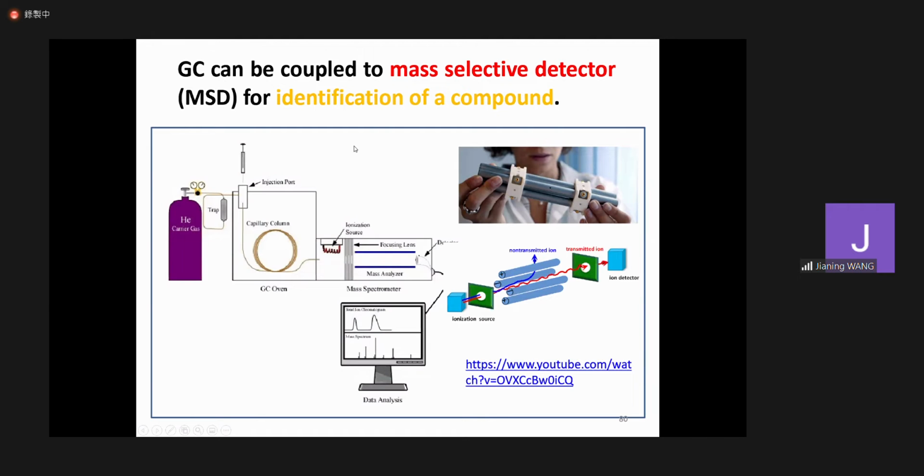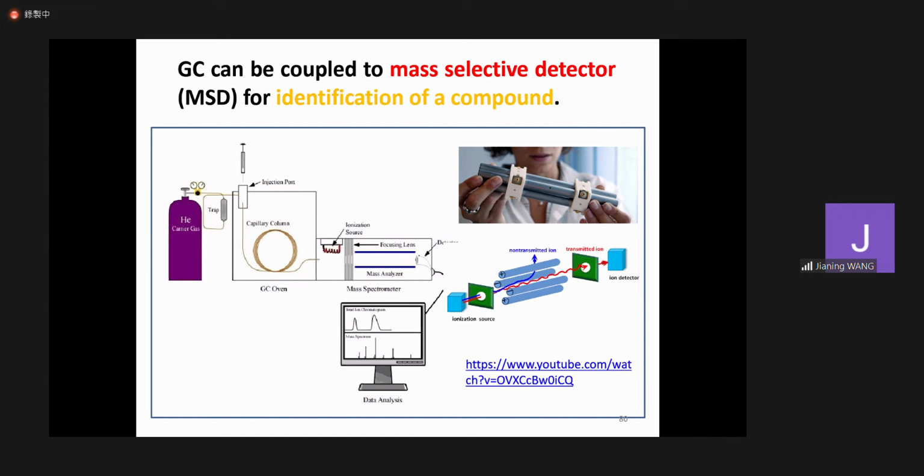So here, from the left side, we already showed the mass spectrometer can be a detector, and the mass spectrometer is a universal detector because the measurement is based on the molecule weight.